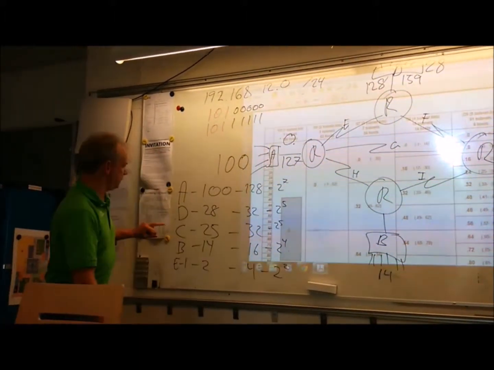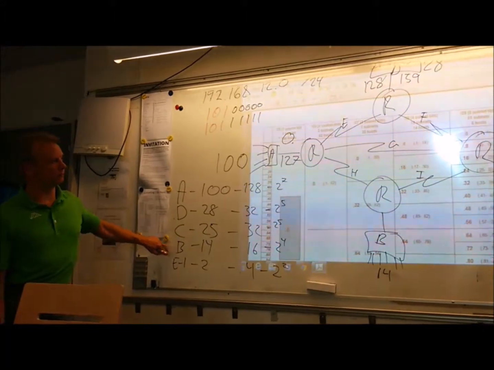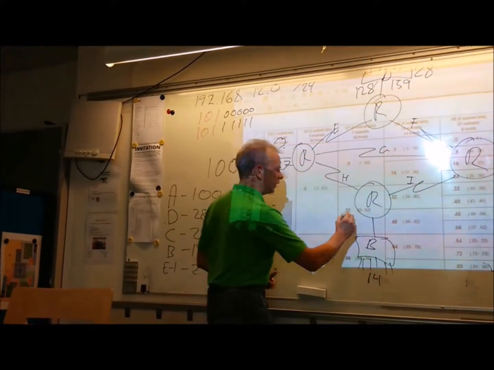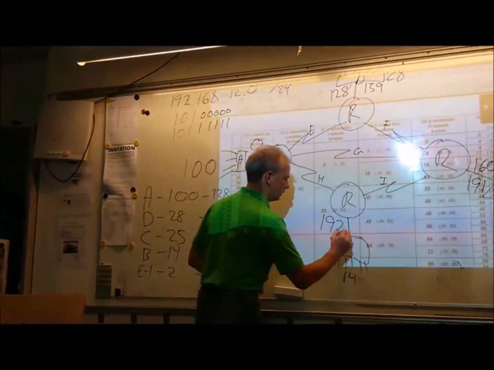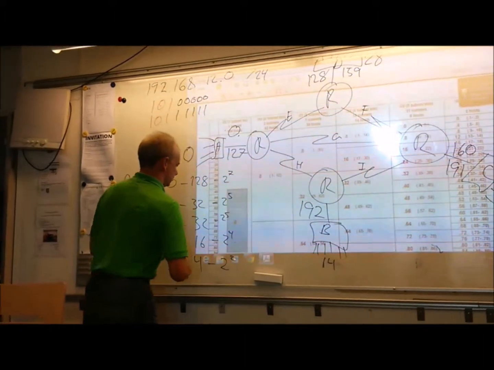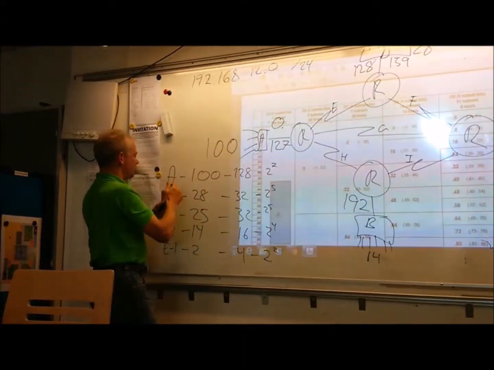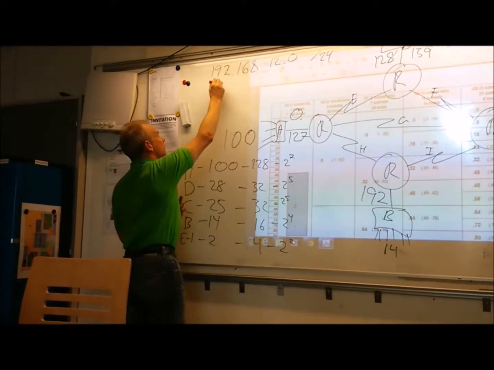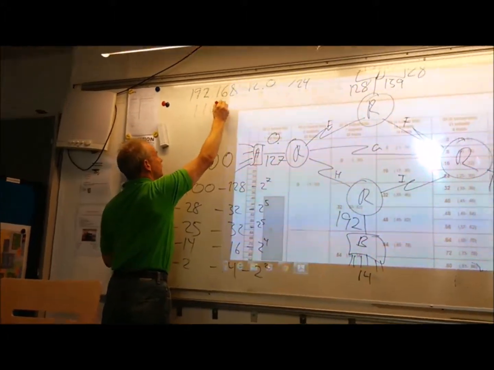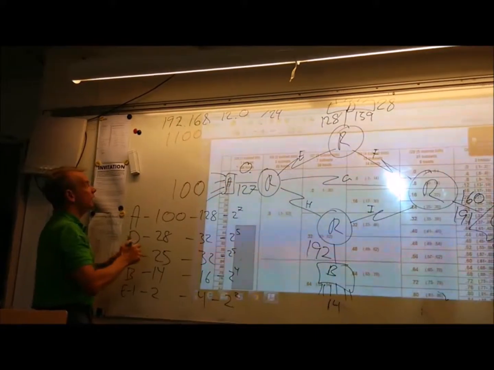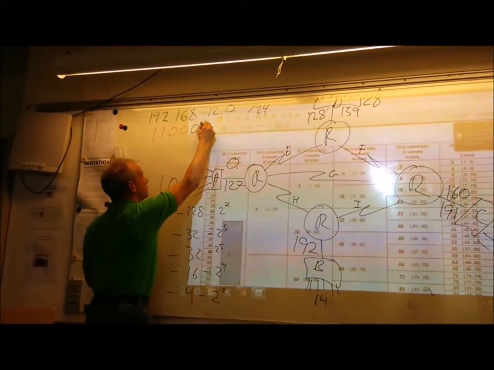Next network is D network. 4 host bits. So 192 is the starting address. We need 4 host bits. So 192 is 1100 and 4 host bits on 0.